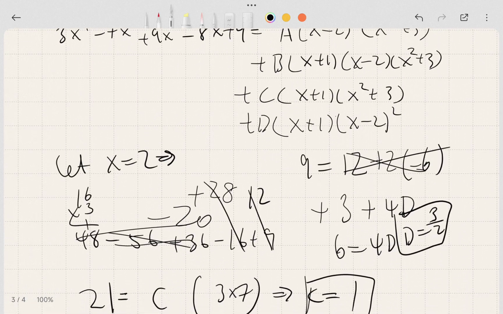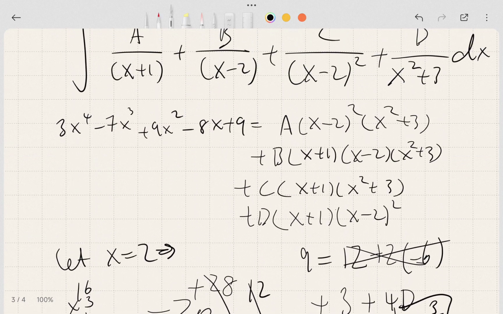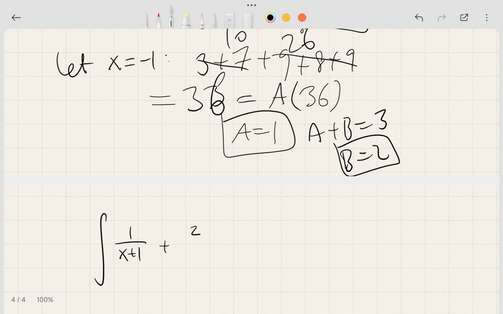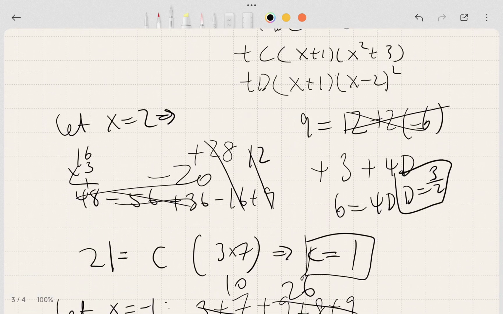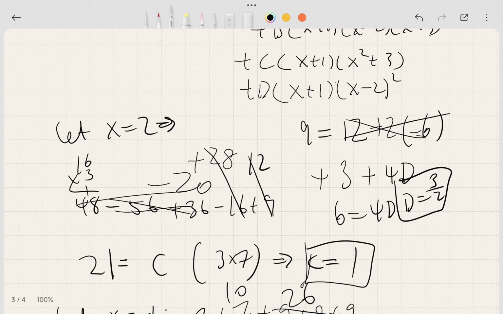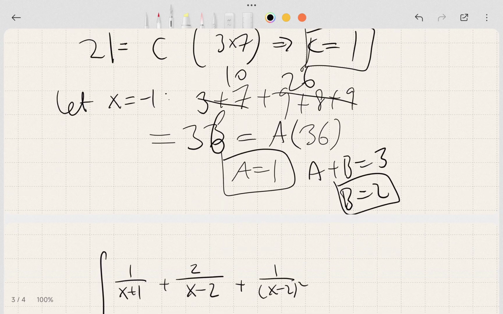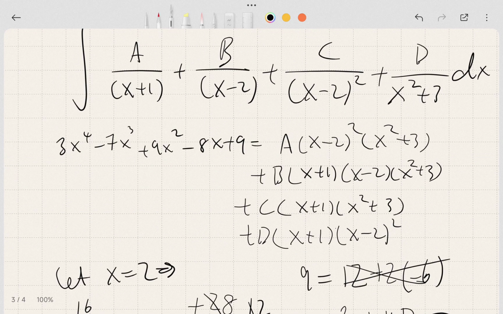A over x plus 1, and A is 1, so 1 over x plus 1, plus B over x minus 2, B is 2, so plus 2 over x minus 2, plus C over x minus 2 squared, C is 1, so plus 1 over x minus 2 squared, and plus D, which is 3 over 2, over x squared plus 3, dx. So that is what we have right now.